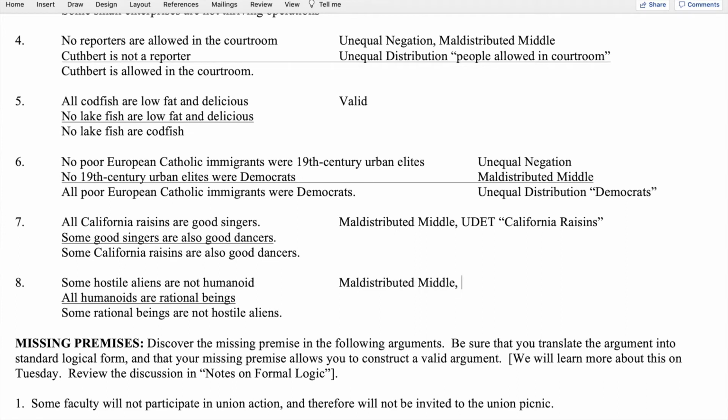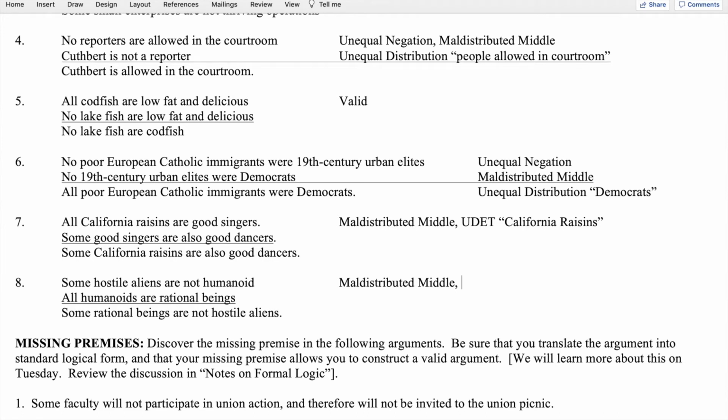And then we can look at the end terms, and we have the end term rational beings not distributed in the conclusion because it is subject of a particular, and not distributed in the second premise because it's predicate of an affirmative. That's equal, and that's fine.